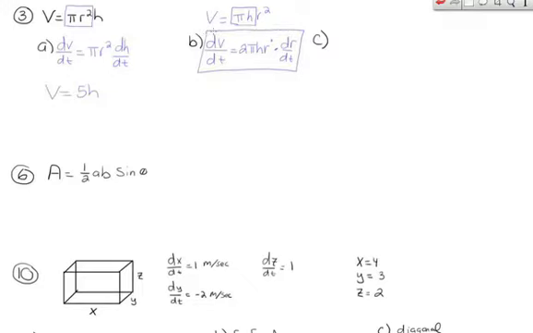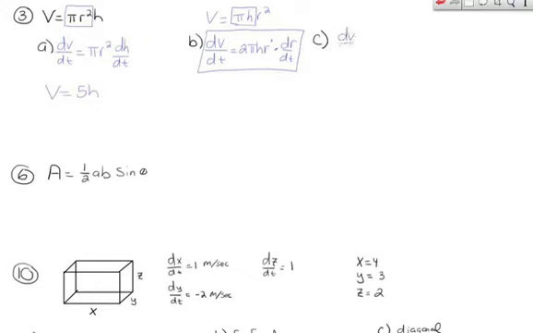And then part C says neither one is constant. So now I actually have an r squared and an h being multiplied by each other, and the pi is the only constant. So the product rule would be in order. I will group pi with r squared and treat that as function 1, and then function 2 is h.